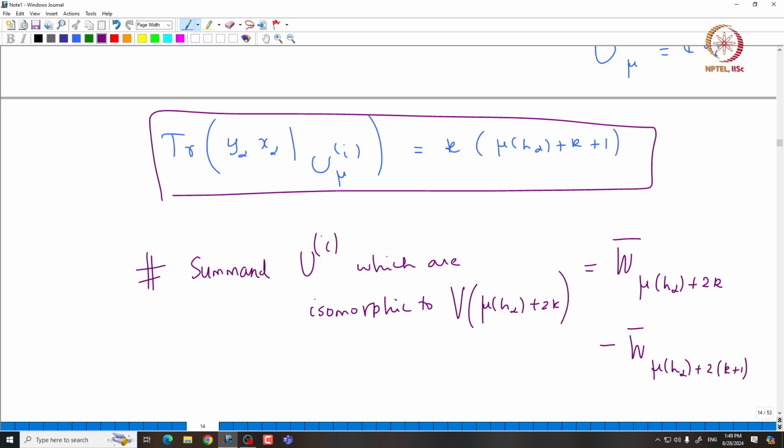Okay. So, this is something we have actually done for any finite dimensional representation. So, given V m, if you want to compute the multiplicity of V m in a given representation, let us say W, then look at the dimension of W m minus dimension of W m plus 2. So, that is going to give you the number of summands.